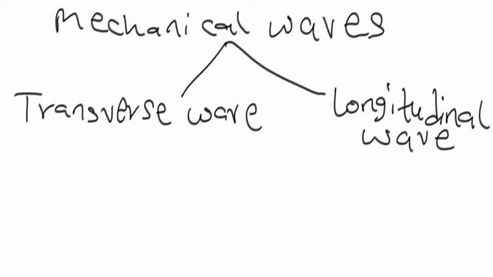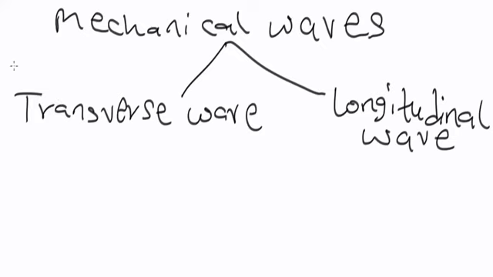A transverse wave is a kind of mechanical wave in which the oscillation of the wave is perpendicular to the direction of wave motion, whereas a longitudinal wave is a kind of mechanical wave in which the oscillation of the wave is parallel to the direction of wave motion.